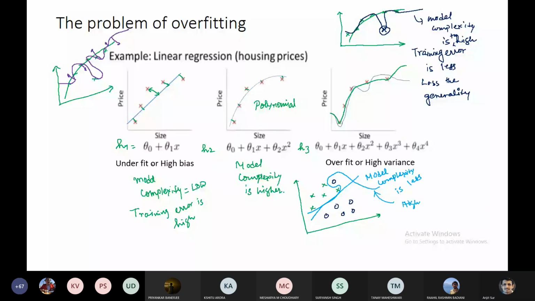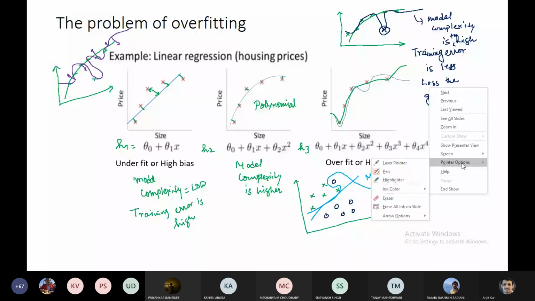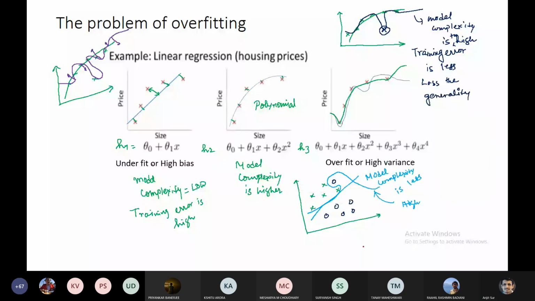And now the question is, if there is a data point here, now I'm saying testing data, now the testing data is in this. Okay. Sorry, I wrote it wrongly.